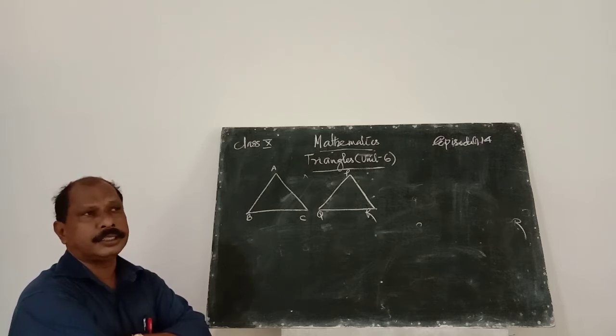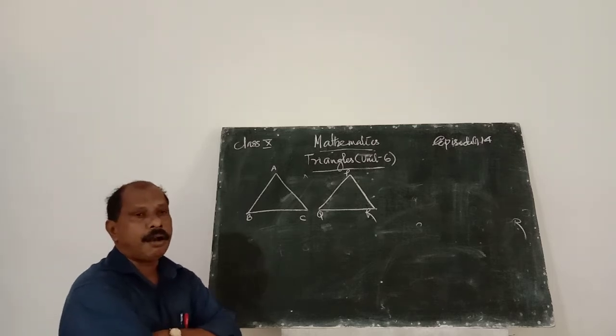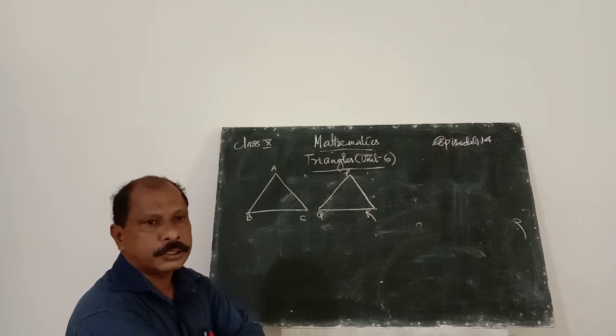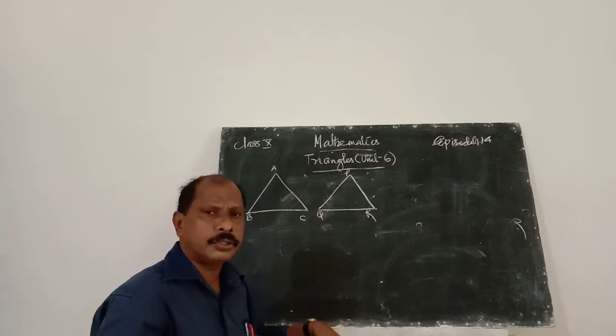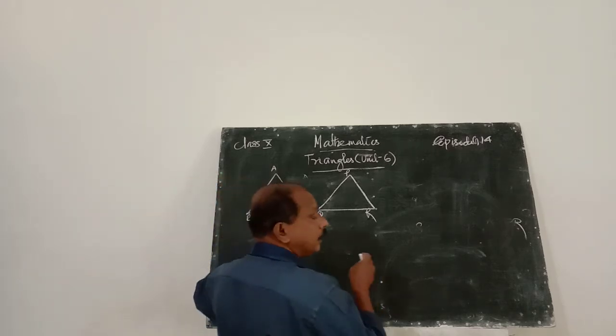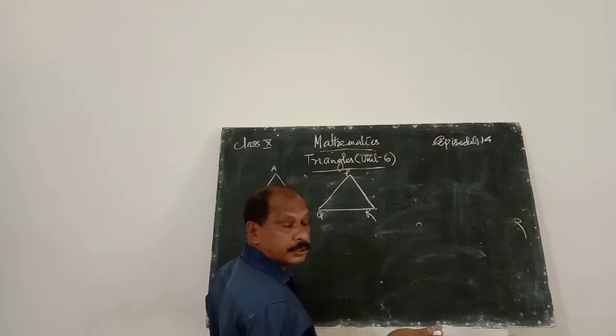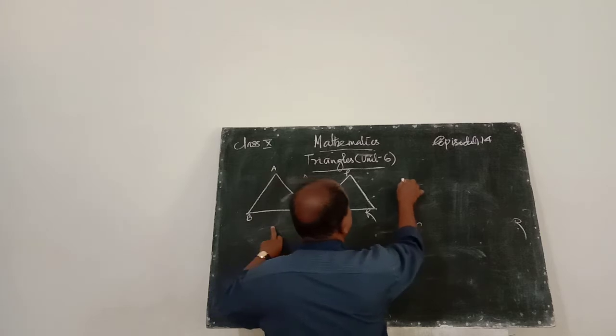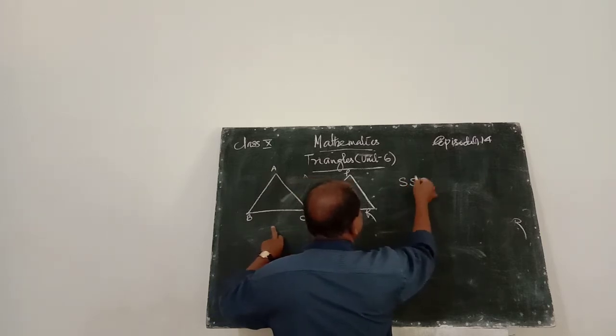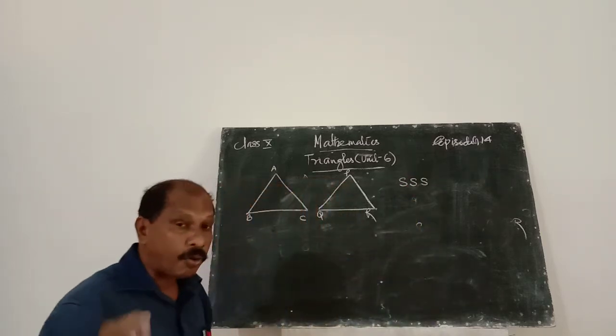That means three sides of the first triangle are equal to the corresponding three sides of the second triangle. Therefore, the angles are also equal. Therefore, this is the SSS criteria for congruent triangles.